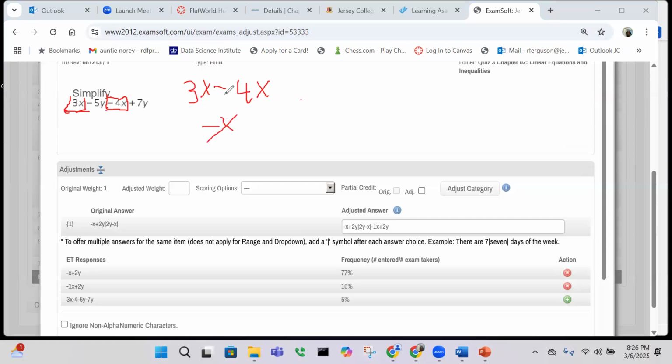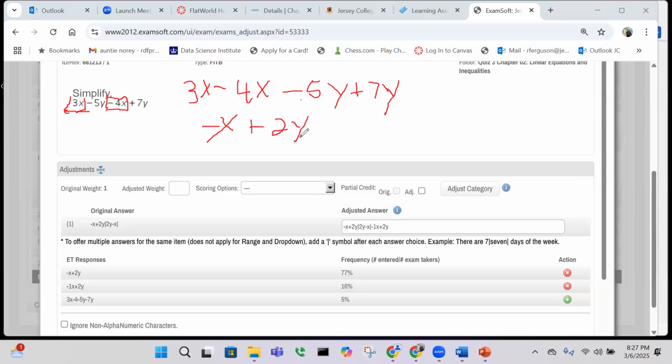The other side is -5y plus 7y. -5 plus 7, you can put that in the calculator, worst case. That's plus 2.